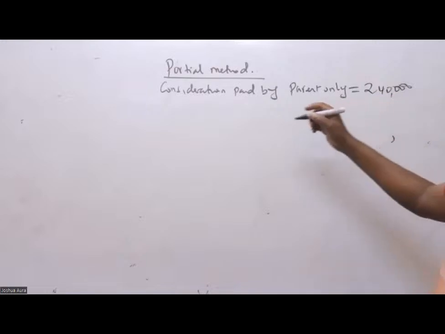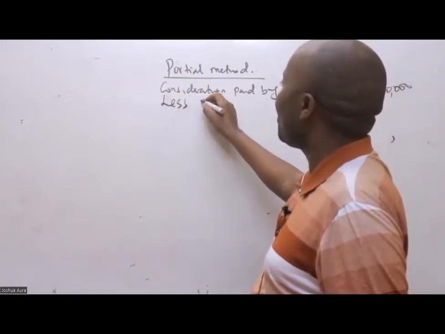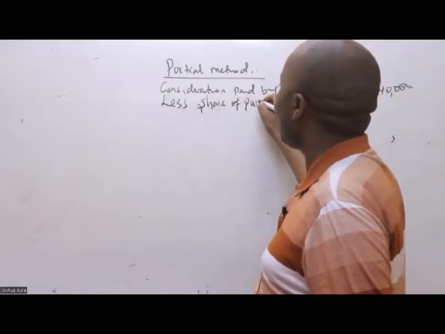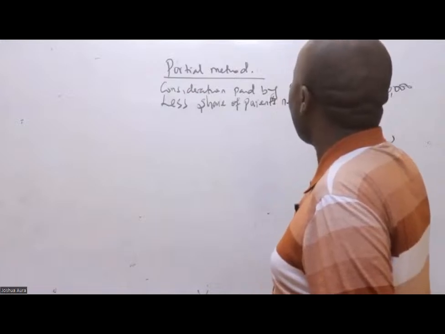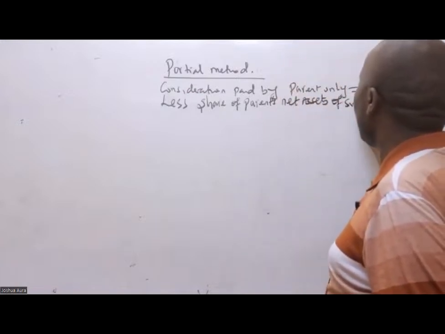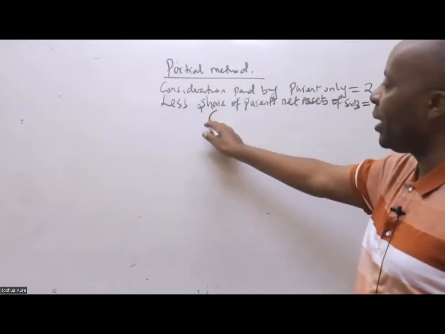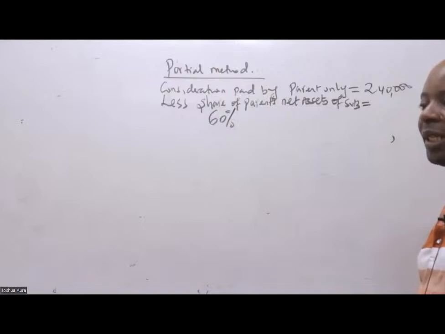And then you will come here and less the share of the parent's net assets of the subsidiary. Remember, the parent has 60%.